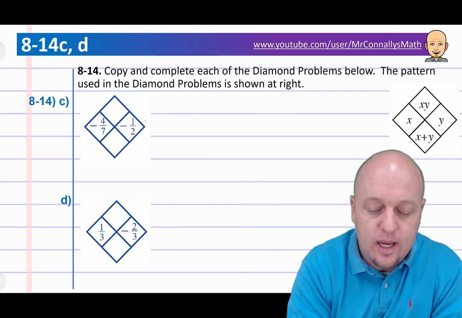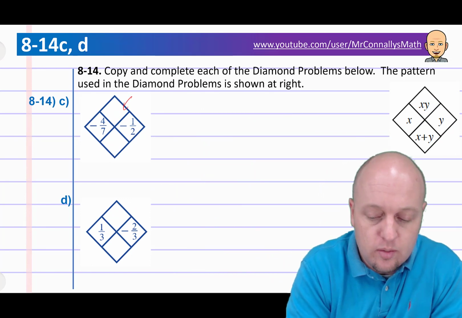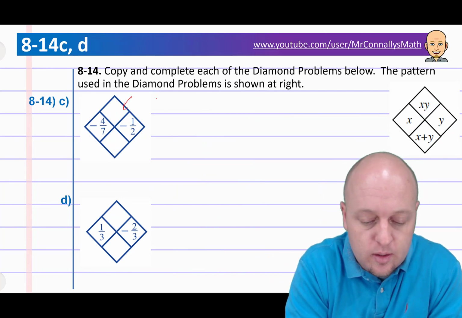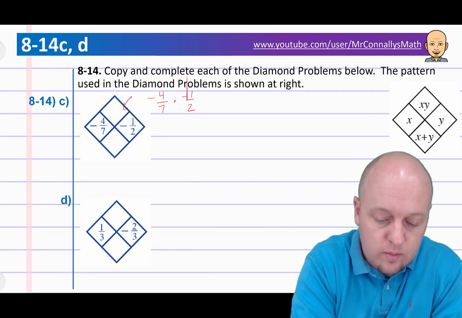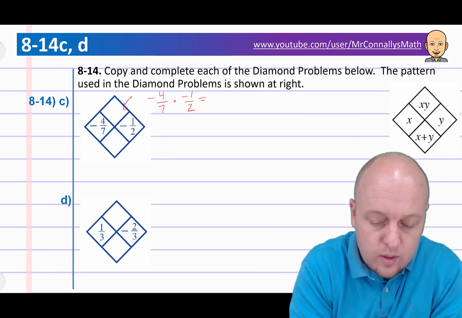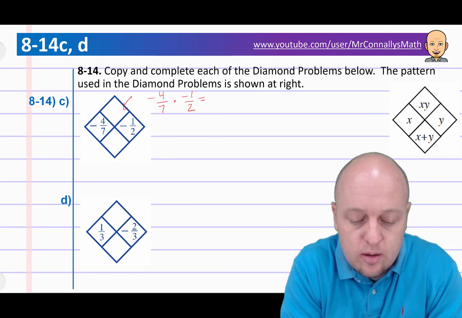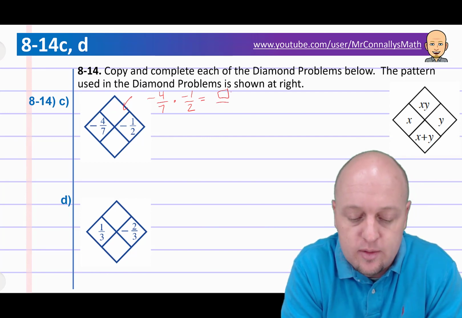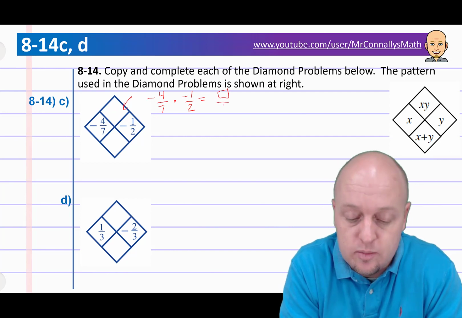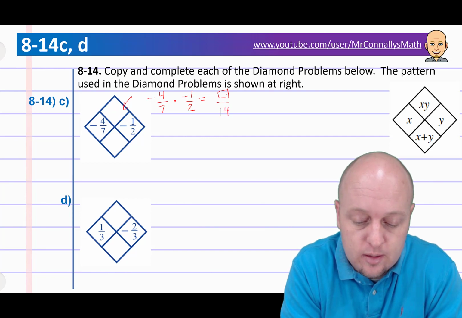-4/7 and -1/2. So this is going to be the product of those two numbers, so -4/7 times -1/2. Go ahead and multiply those together. You get a positive number on top because a negative times a negative is a positive. Then 7 times 2 is 14.